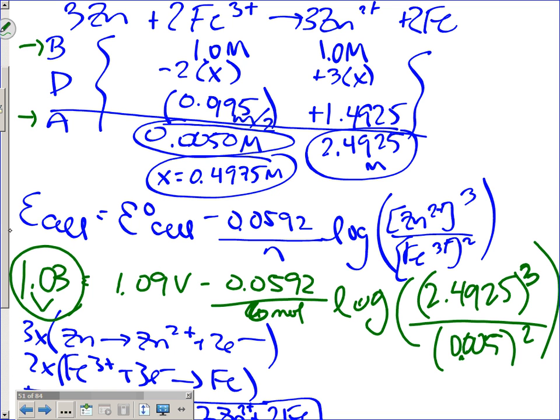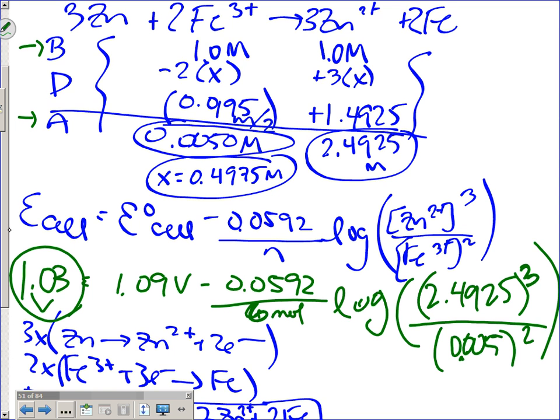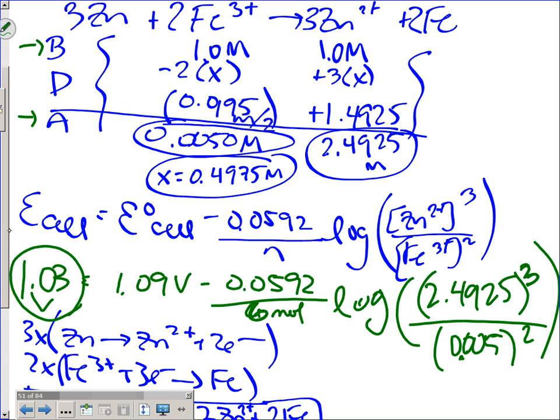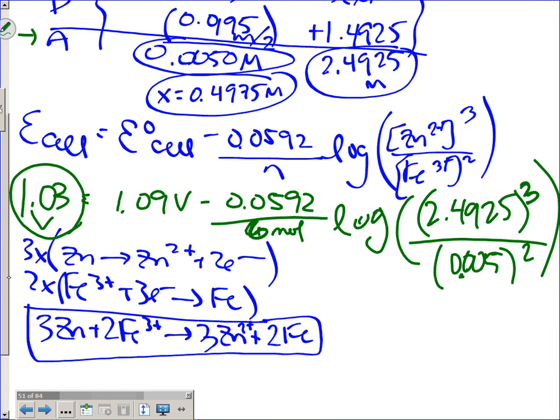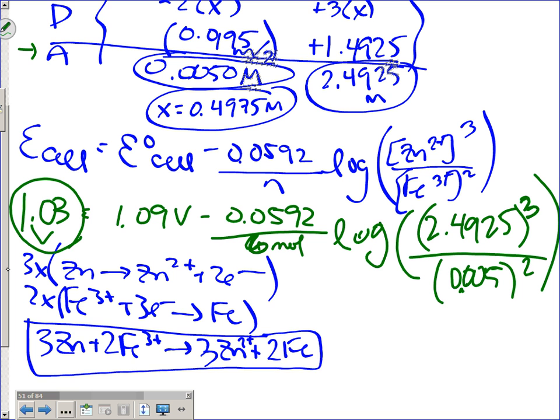So the voltage is less because the reverse reaction is less. You basically have it. The driving force of the forward reaction is weaker. Thank you. The driving force is lower, hence the voltage drops. It was 1.09, now it's 1.03.